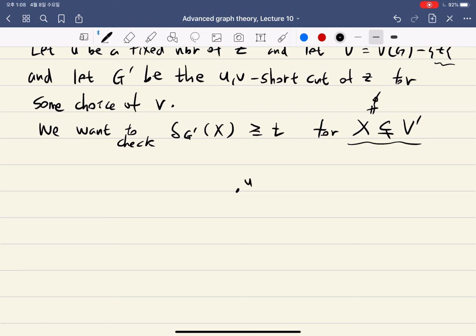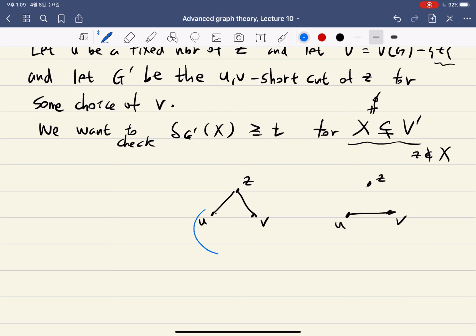So we have G and U and B, and we know that G is not in X. Previously this was the graph, but now this is the graph.